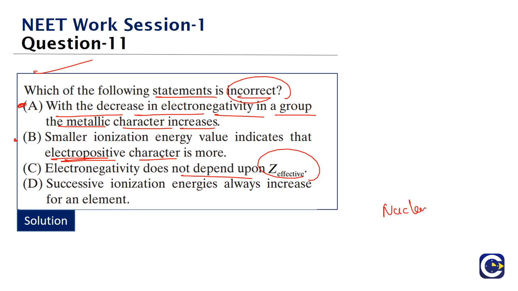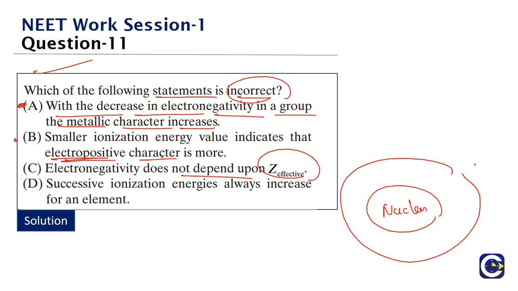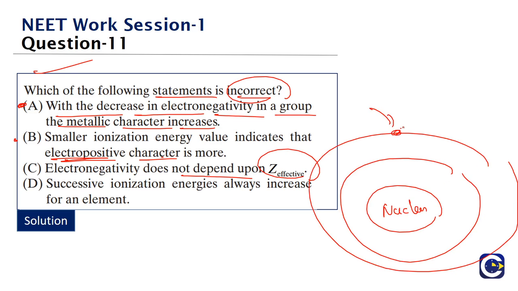So we have the nucleus, and you pick up any orbit. If there is an electron in that orbit, then if Z represents the atomic number of the element, the total Z number of protons' influence will not be acting on the electron. Any electron will only experience a part of this nuclear power.